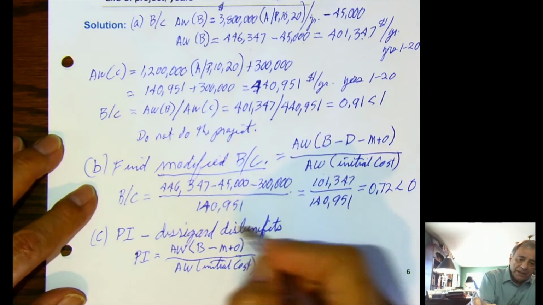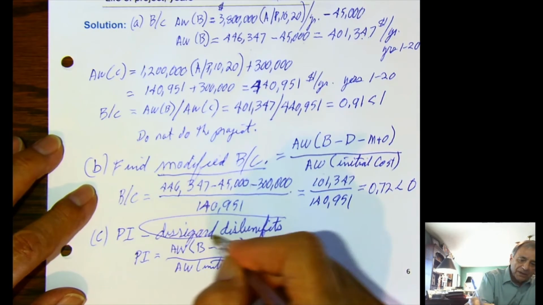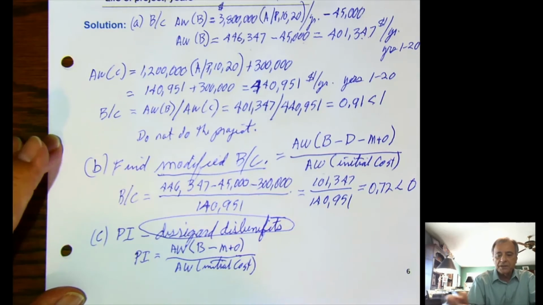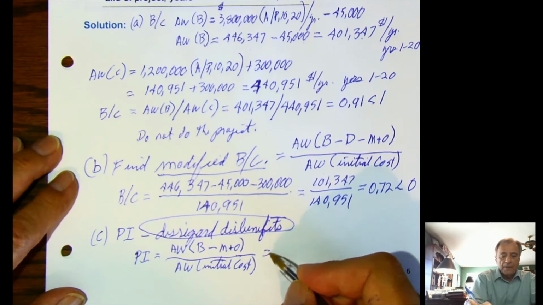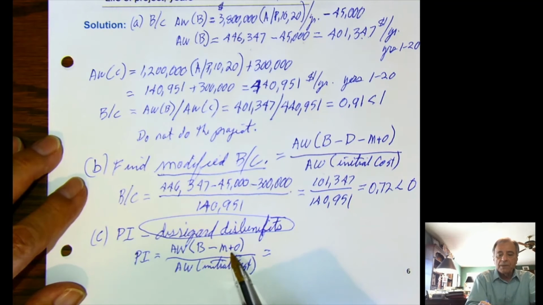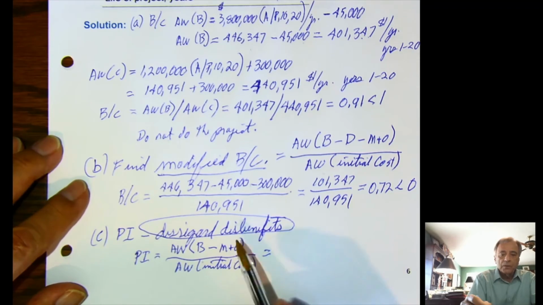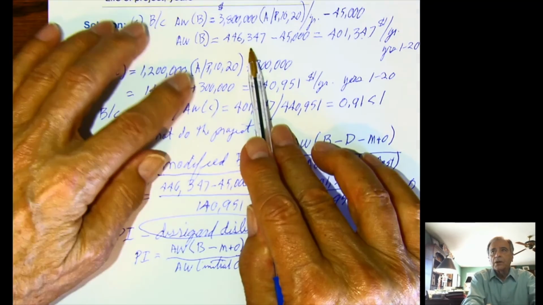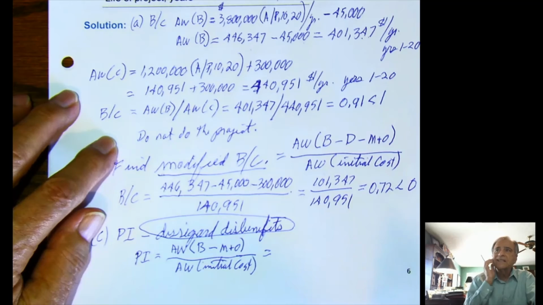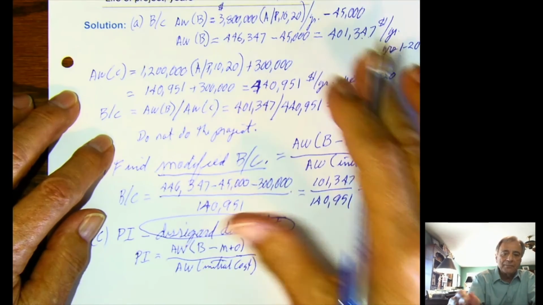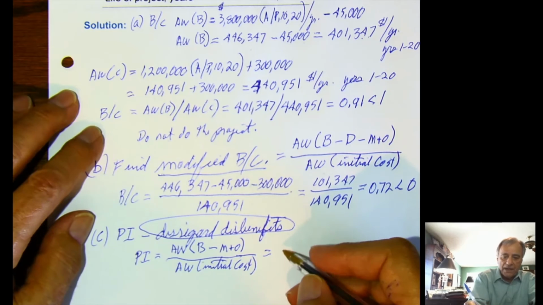So the key to this is disregard the disbenefits, don't consider them. So the annual worth of the benefits minus the M&O would be this 346,000 minus the 300,000, but not minus the 45,000.